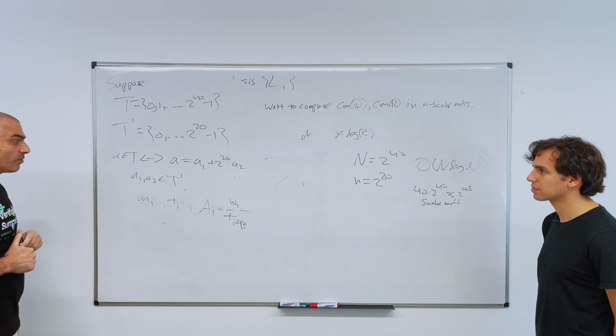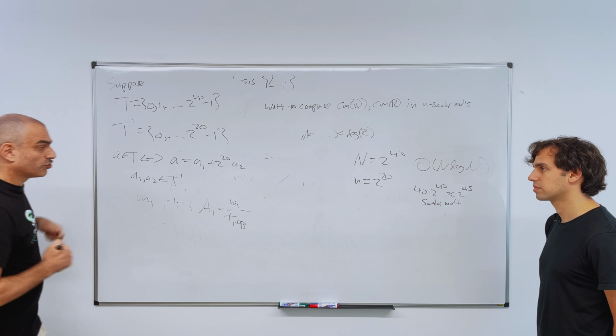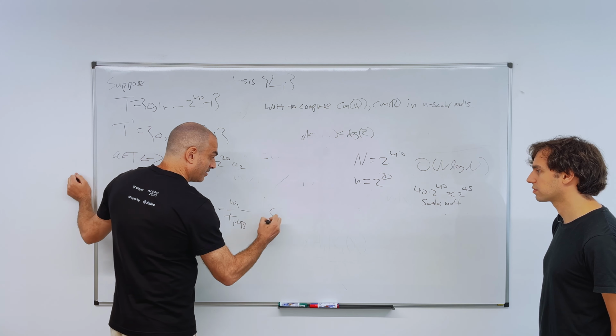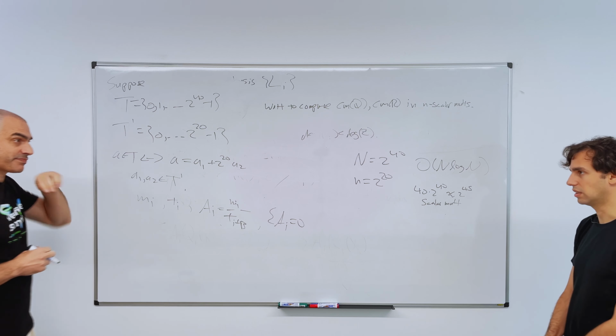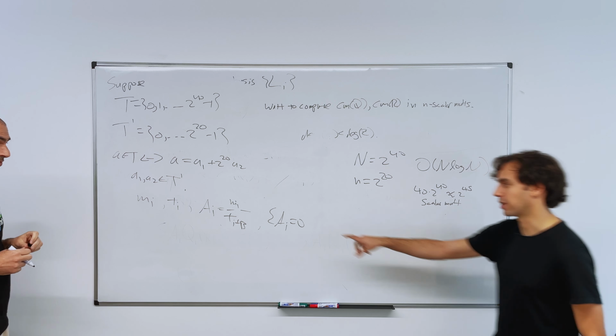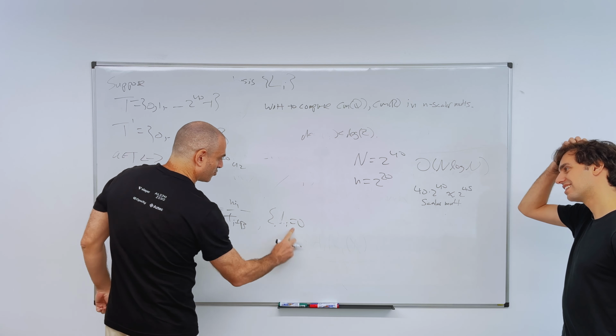Now, why did we need to commit to them? Our goal was to show things like the sum of a_i is equal to 0.